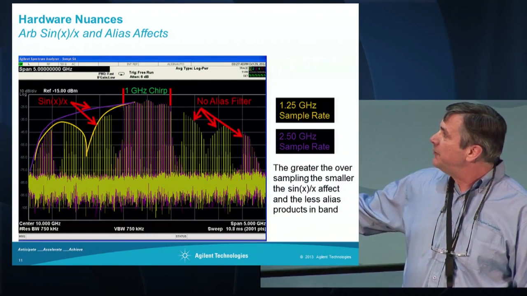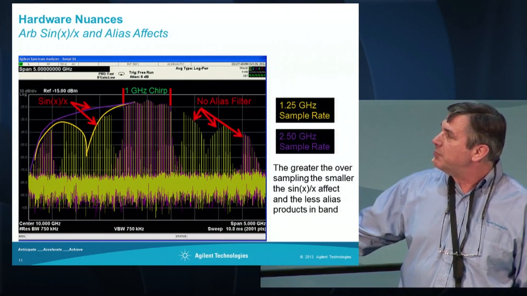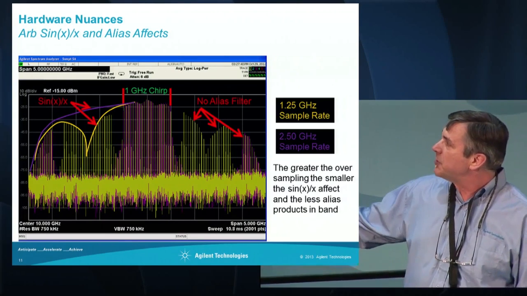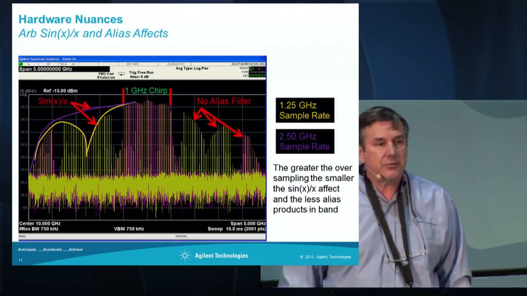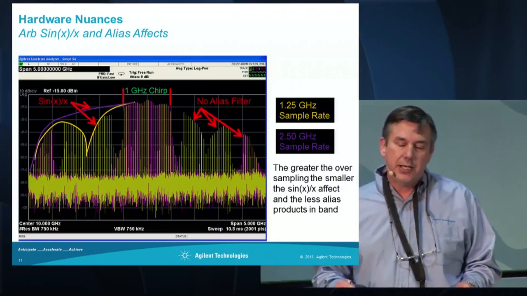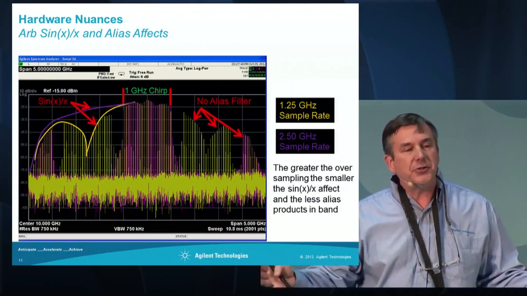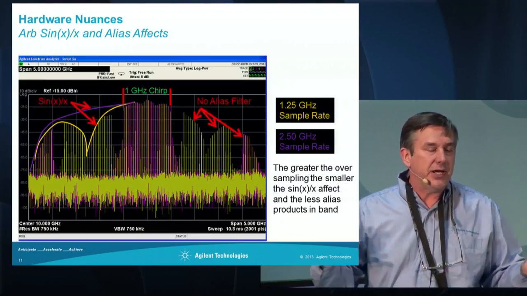If we oversample, if we just double our sample rate, we can push those, the purple traces here, out much further so they're easier to filter away with an anti-aliasing filter.